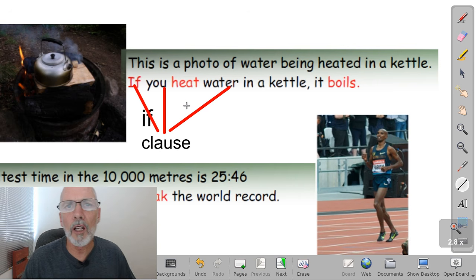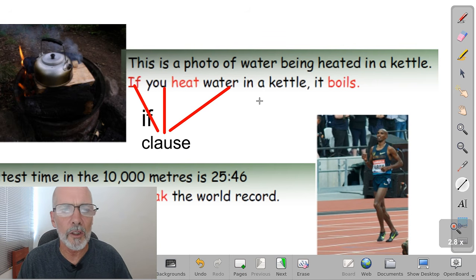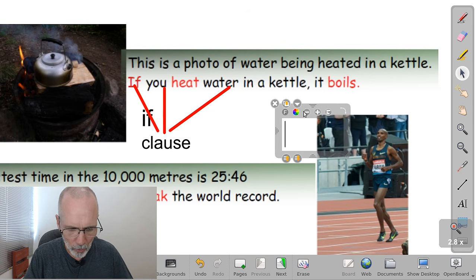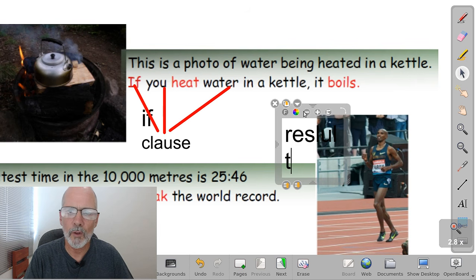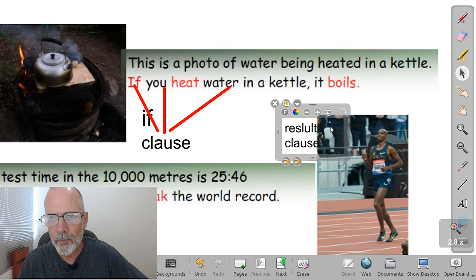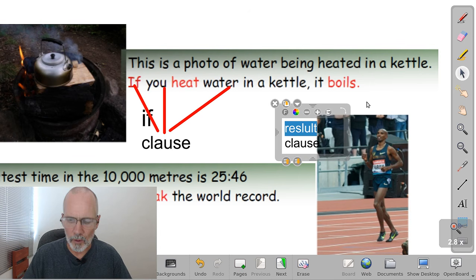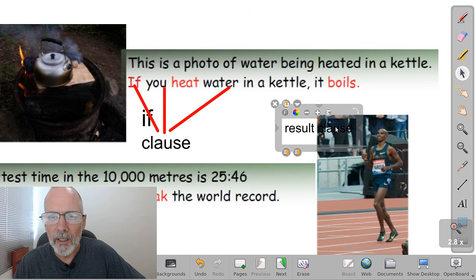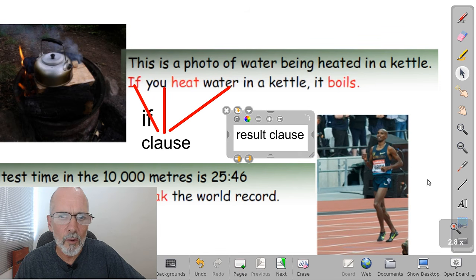And the other side of all the conditionals is the same. We can call the result clause. The result clause. I spelled result wrong now, sorry. So on the other side here we have the result clause.